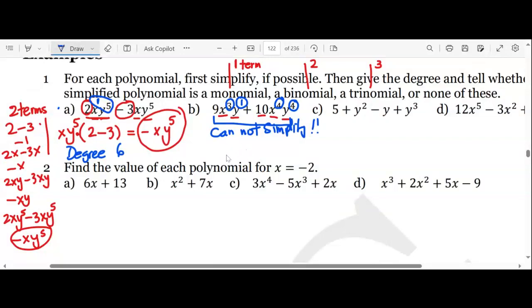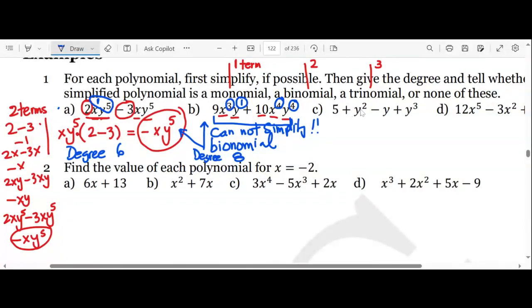And we said what is this? Binomial, right? So this one is binomial and this one is also a binomial. What's the highest degree here? 4? No. 8. The highest degree here is 8.